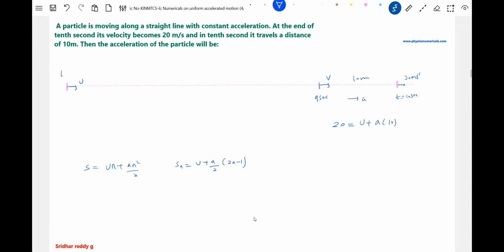This is at t equal to 0, it has some initial velocity that I'm writing. Acceleration is unknown, U is unknown. Okay, let me write all the things. At the end of 10 seconds its velocity becomes 20, and in the 10th second it travels 10. So here I have data 10, U I don't know, A I don't know.